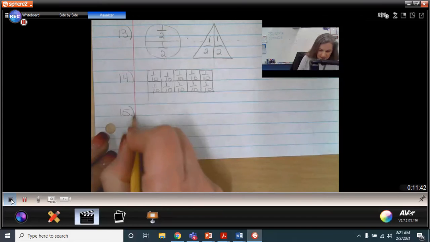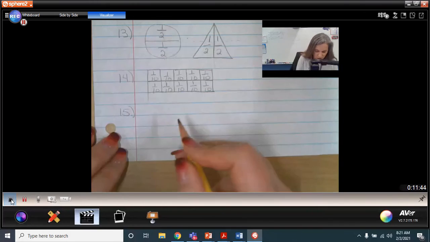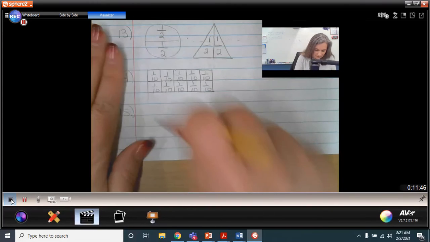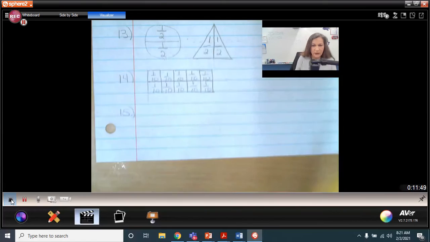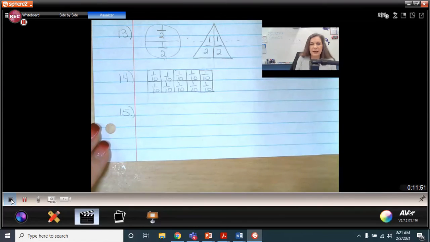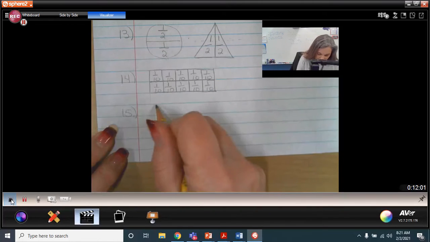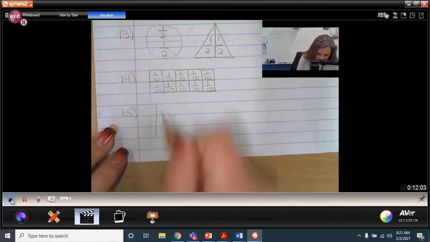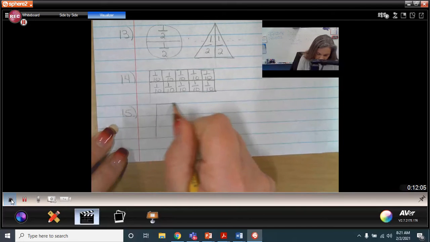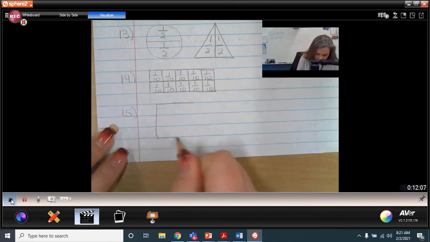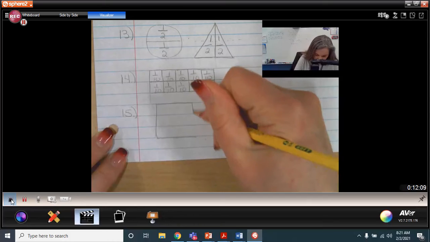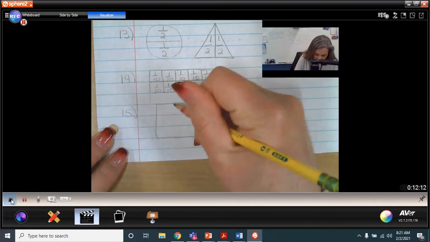15 is eighths, and you will notice eighths. If I were to cut something up into 4 equal pieces, then if I cut those in half and I cut the fourths into 2 more pieces, then I can get eighths. So I'm going to use a square to demonstrate how I can use my fourths to break them up into eighths.